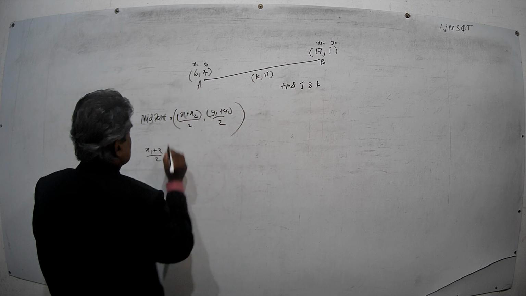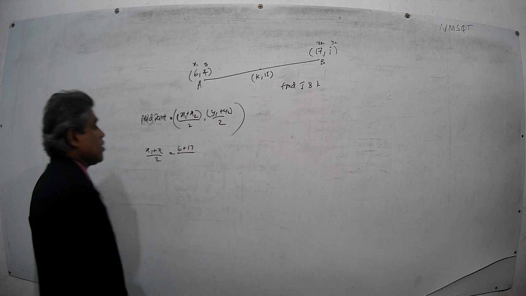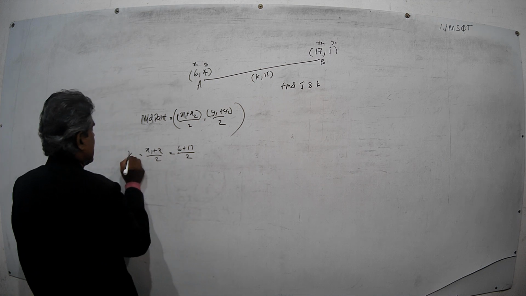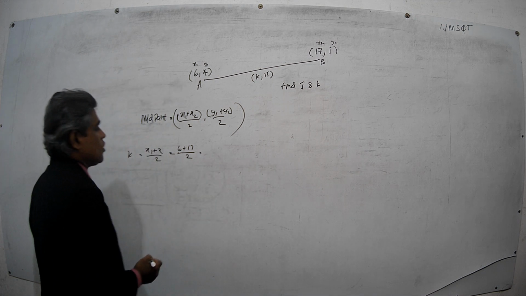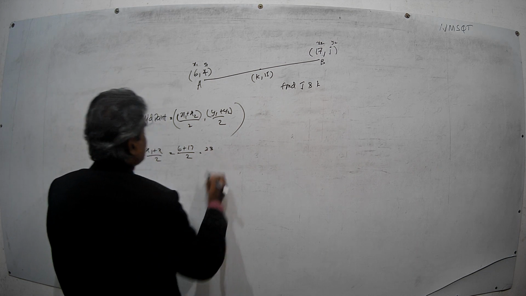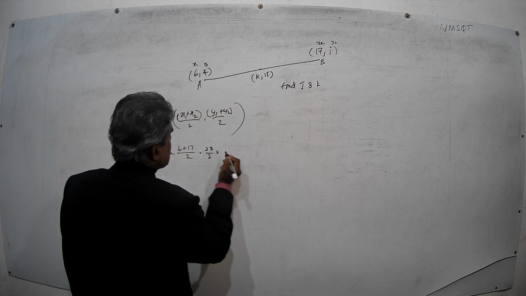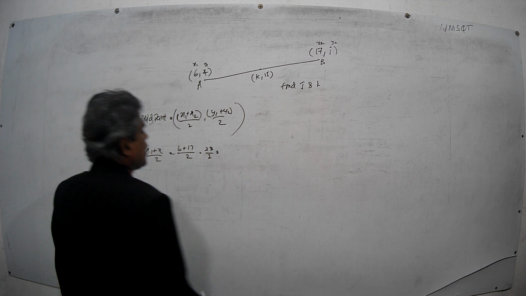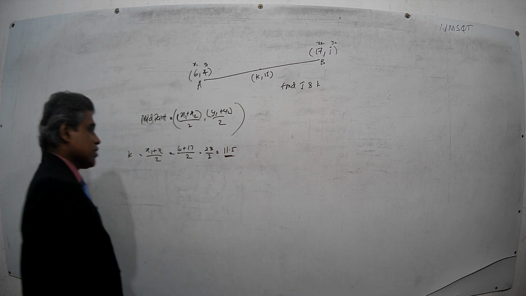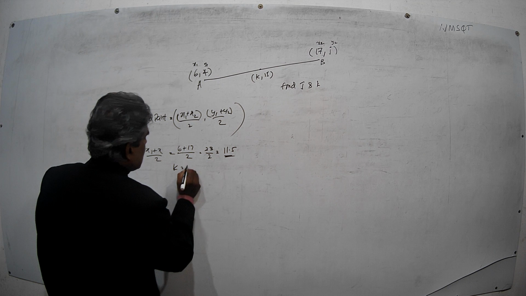X1 is 6, X2 is 17, divided by 2, equals K. Then 17 plus 6 is 23, divided by 2. 23 divided by 2 means 11.5. So that is the K value. K equals 11.5.